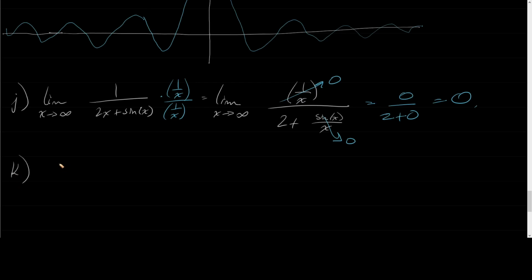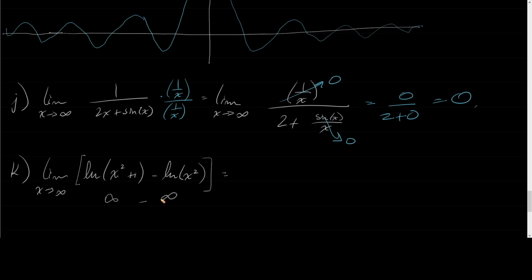Let's say that we have the limit as x approaches infinity of ln of x squared plus 1 minus ln of x squared. So in here, if I just plugged in infinity, I end up with infinity minus infinity.